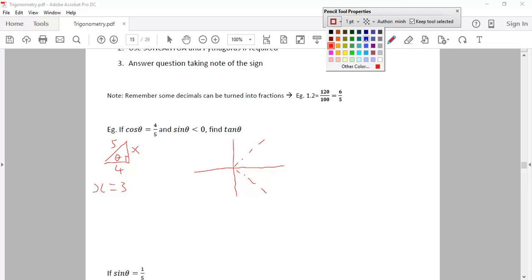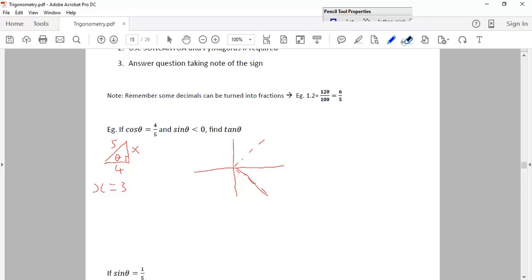So that means that the one we're looking for has to be that ray, because cos is positive and sine is negative there. So we know that if that's theta there, that's 5, 4, and the height is going to be 3.